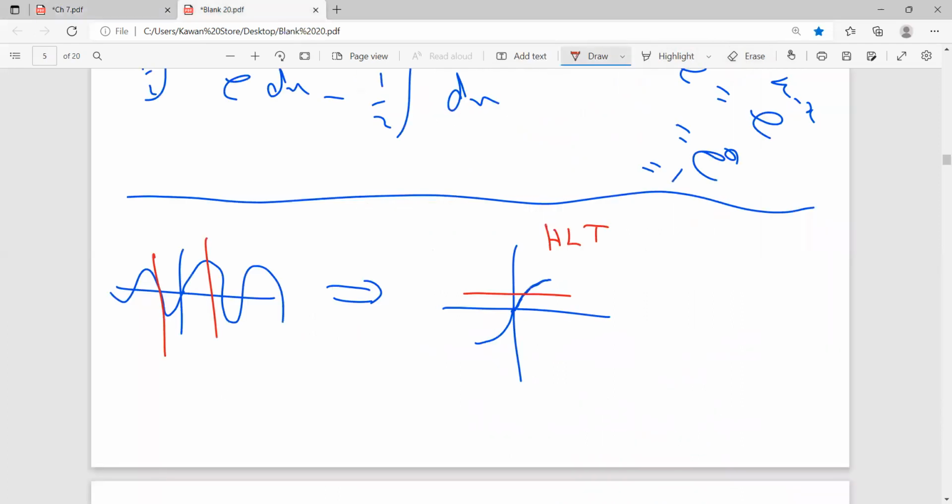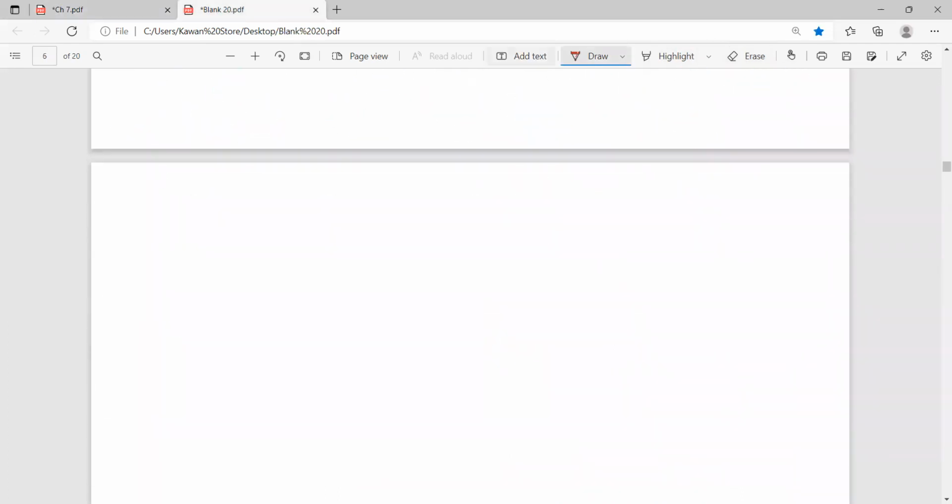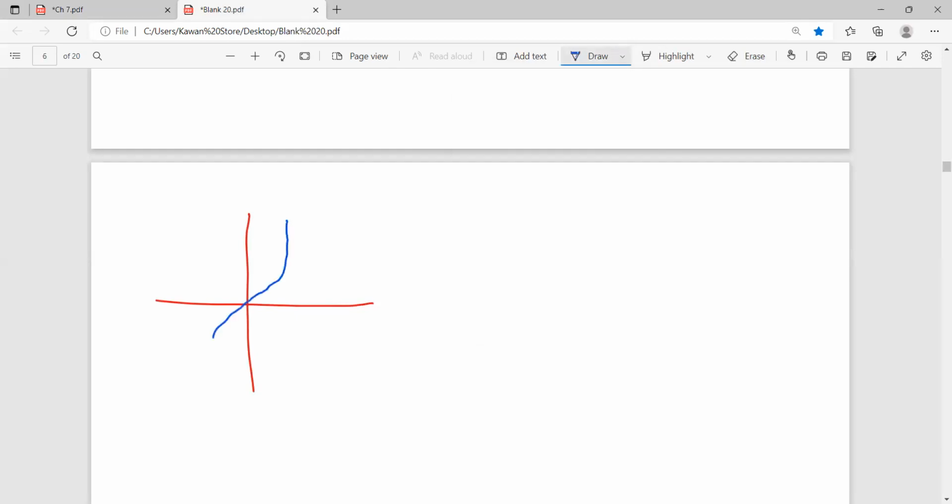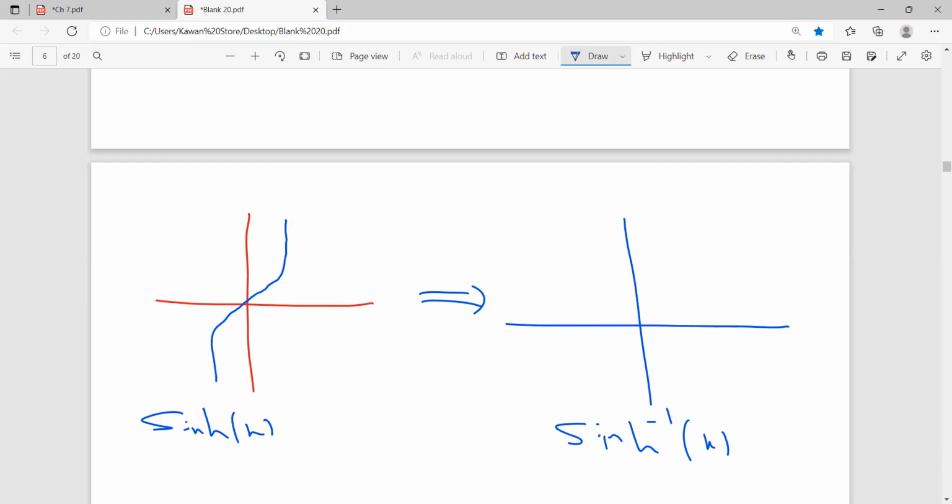So at the beginning, I'm going to sketch the graph of sinh. Here's the graph. I'm going to find the inverse of sinh x. So how do we do it?